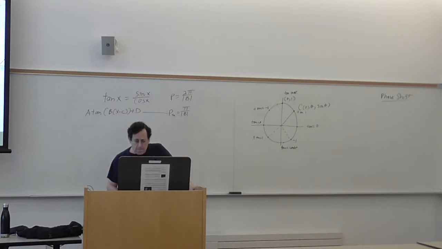Okay, some questions about this. Where is it not defined? I guess I could ask a similar question. What's the domain of the function? In other words, what x values can it have and which values can it not have?